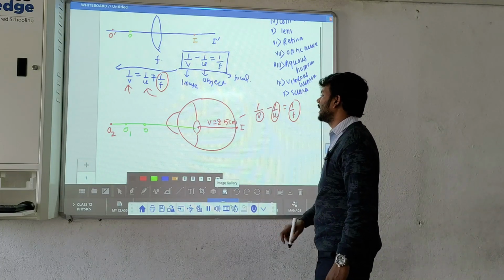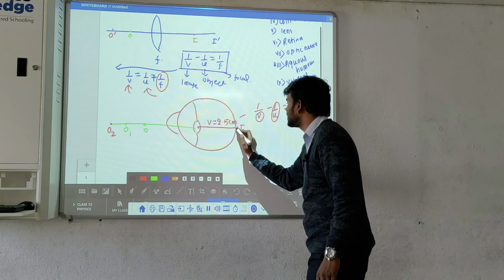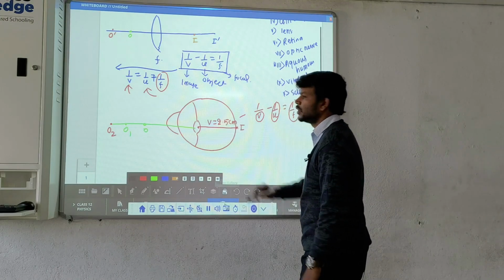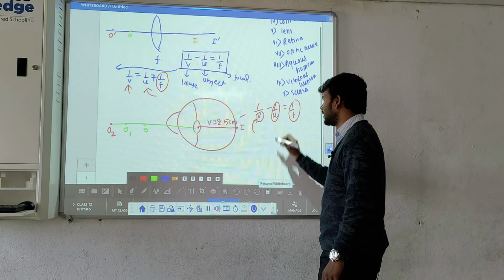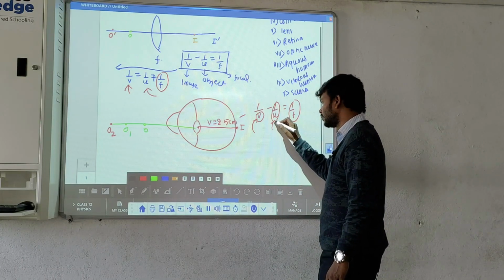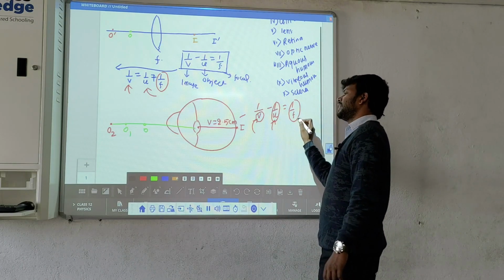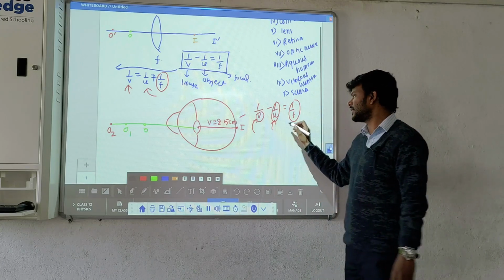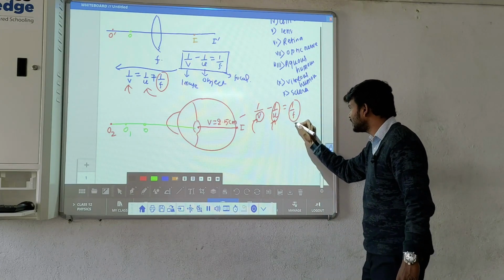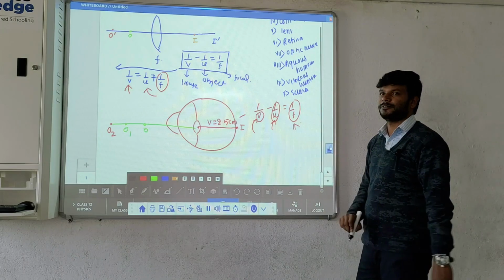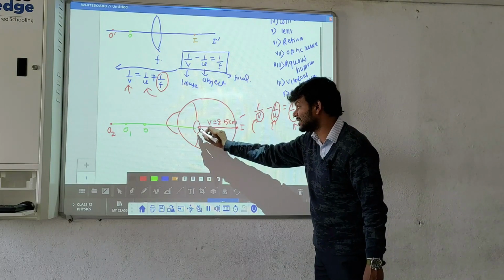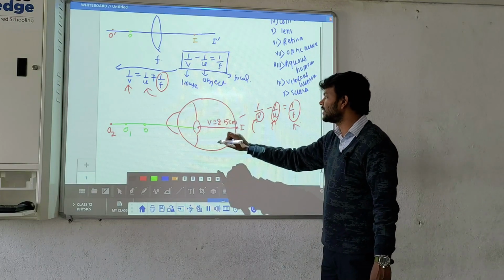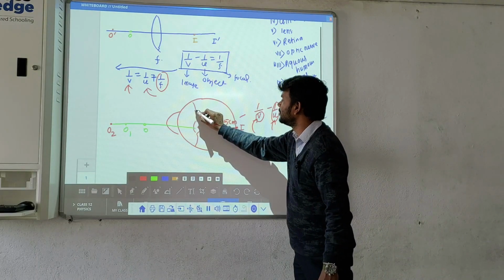But in the human eye, the distance between the lens and the retina is always fixed, equal to 2.5 centimeter. So image distance is not changing in the human eye, only the object distance is changing. If u is changing, then on the right side of this equation, the focal length must also change. So the focal length of the crystalline lens of the human eye is always changing with the help of these ciliary muscles.